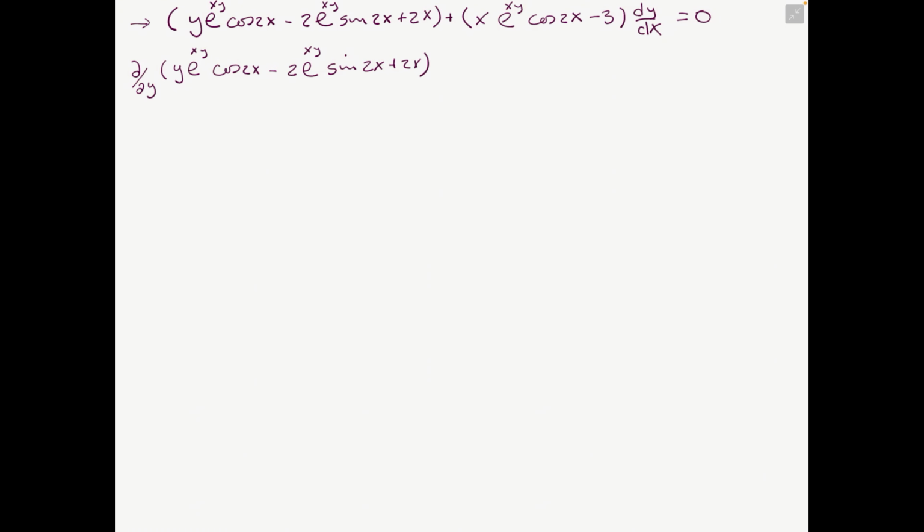Now our trick is to differentiate. So we take the partial derivative with respect to y of y e to the xy cosine 2x minus 2 e to the xy sine of 2x plus 2x.